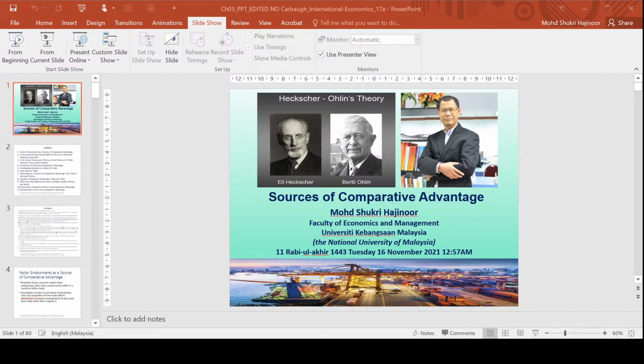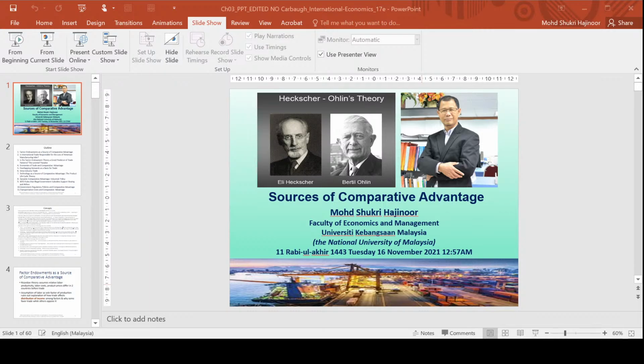Now, the alternative view is that comparative advantage can come from other sources other than factor endowment. So we're still talking about comparative advantage. We're not talking about the alternative to comparative advantage. We are only talking about the alternative to Heckscher-Ohlin. Heckscher-Ohlin says comparative advantage comes from factor endowment.